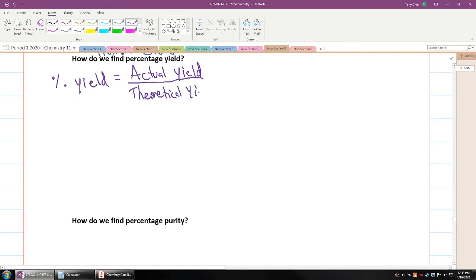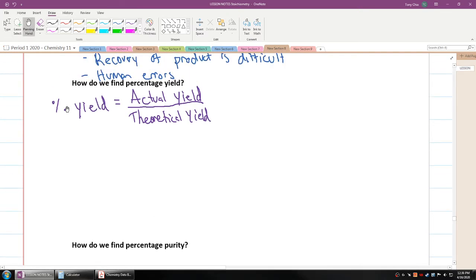Now, what do these two words mean? Well, what percentage you get is based on how much you get from experiment, and that is your actual yield, while the theoretical yield is from calculation. So this is from your experiment, and this is from your calculation.